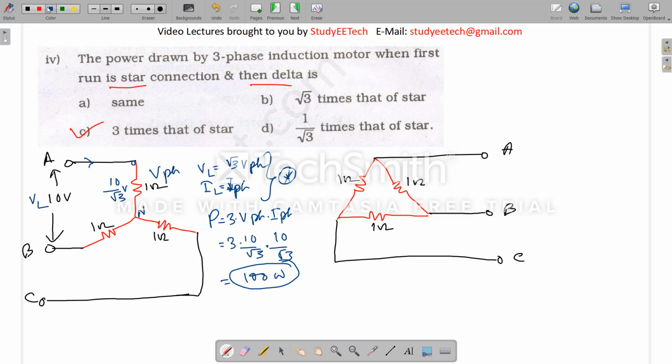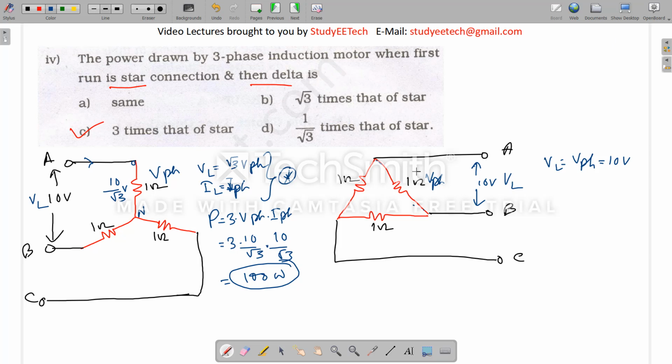For delta, the same voltage is being applied here. Let's say this is equal to 10 volt, and this is VL. The line voltage appears across this delta phase, so VL equals V phase equals 10 volt.